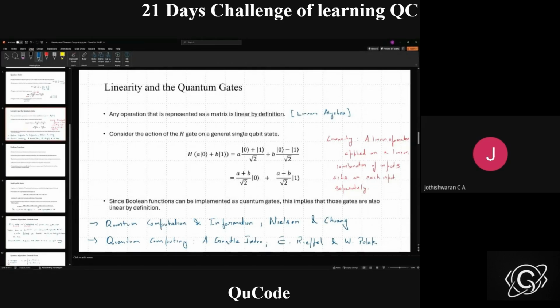Because ultimately, if there is a problem and it has a solution, then classically, given infinite time and resources, I can always reach it. The problem is we don't have infinite time and resources. So given a finite amount of time and resources, are there problems that we can solve only using quantum computing?